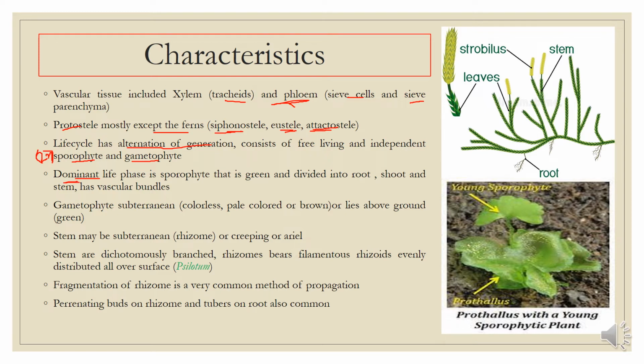sporophytic phase. Here in this figure, we see a sporophytic pteridophyte, where they have a creeping, rhizomatous portion of stem, and this creeping portion by dichotomy later on gives rise to an aerial type of stem.